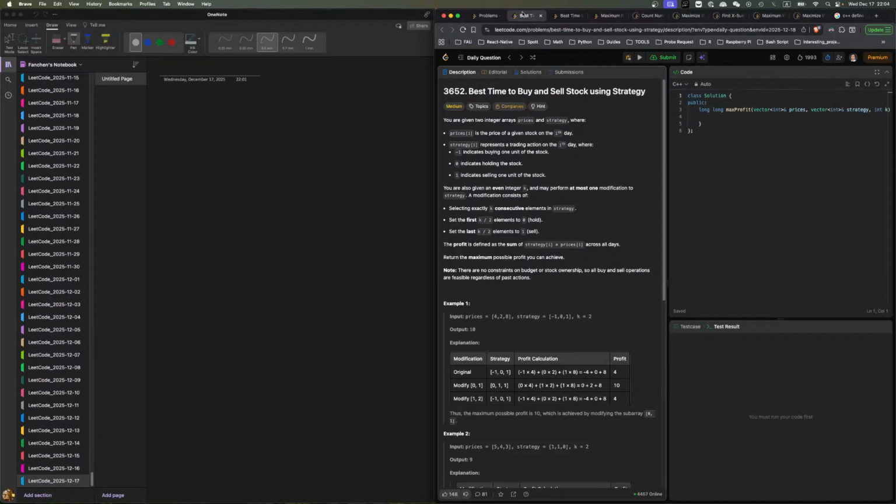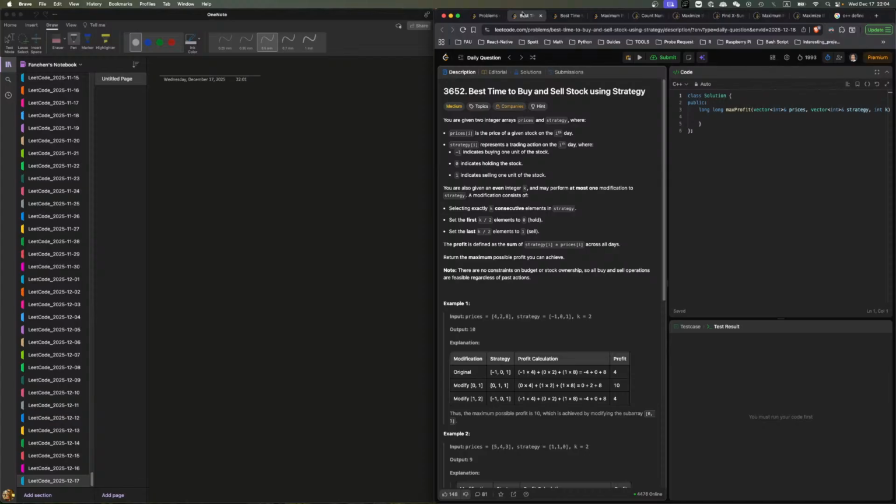The profit is defined as the sum of strategy[i] times prices[i] across all days. Return the maximum possible profit you can achieve. There are no constraints on budget or stock ownership, so all buy and sell operations are feasible.